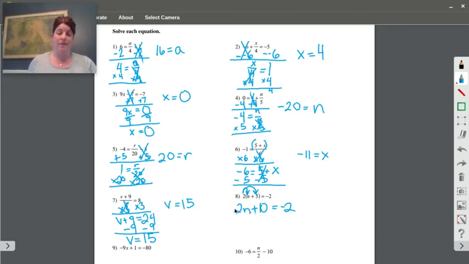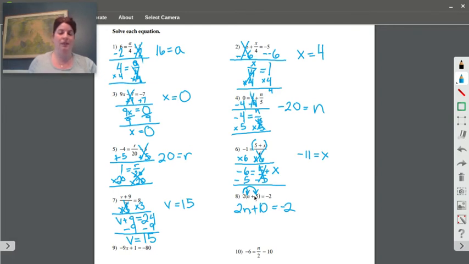I guess we could have used the distributive property up here too, but it's just so much more common to see it with multiplication. If we see a number next to a parentheses like this, that's multiplying.